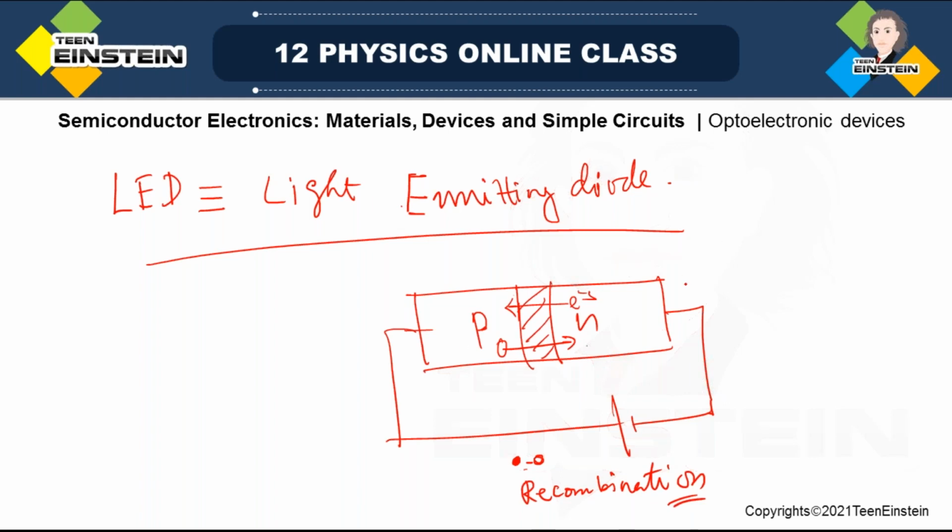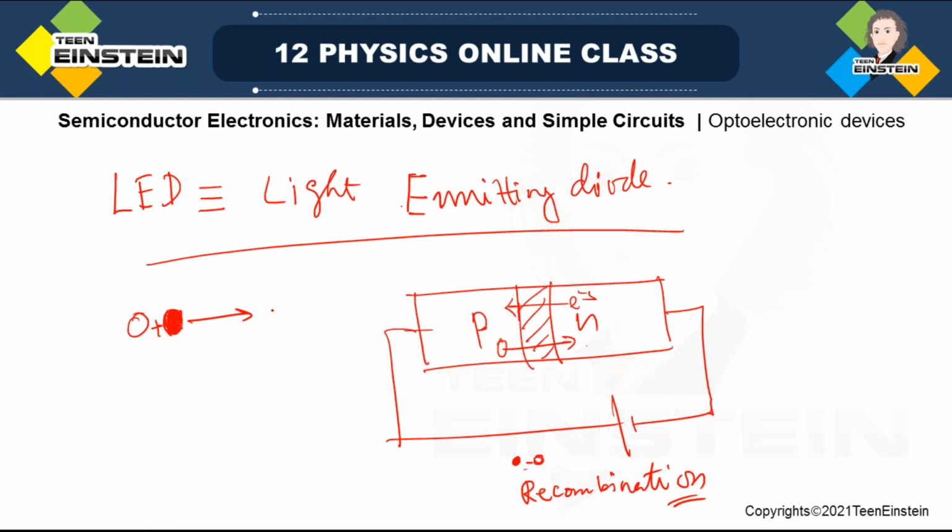When an electron and hole recombine, you have effectively positive charge and effectively negative charge combining. Upon combination, the electron and hole will totally disappear.